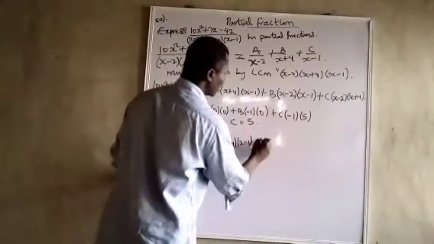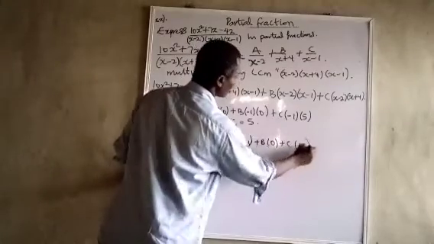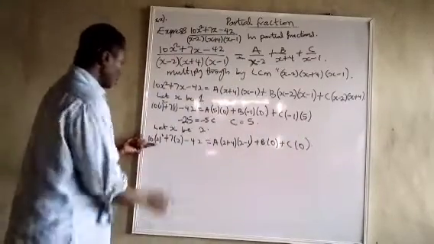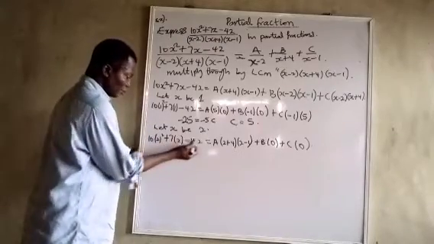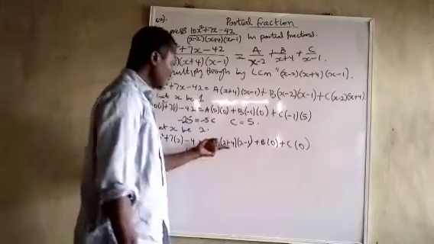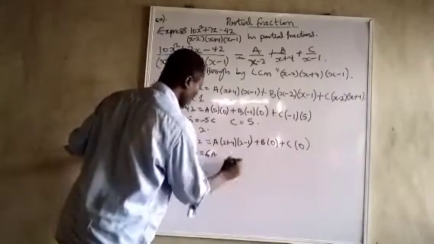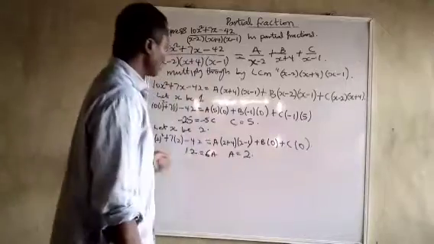Plus B into 0 plus C into 0. So that was 0. Now, this one is 40 plus 14, that is 54. Minus 42, that's 12. So this one is 6 into 1, so 6A. So what does that mean? A equals 2.